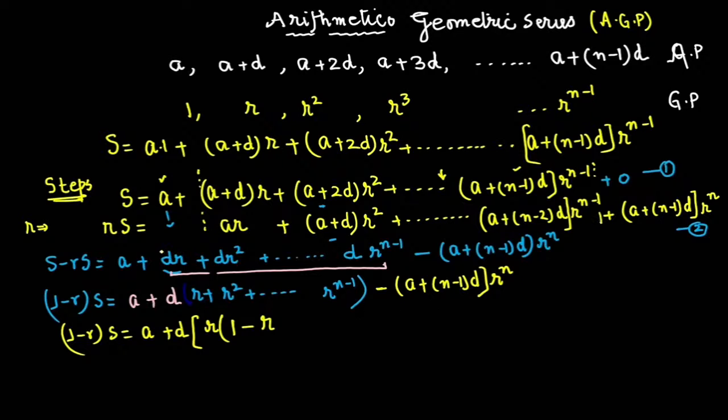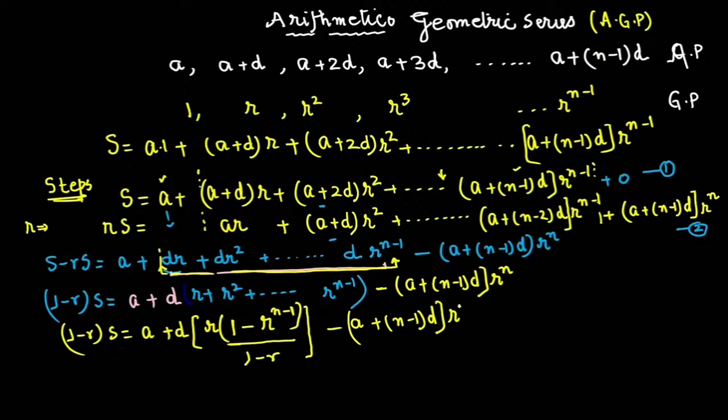So the total number of terms is n minus 1. So I am writing here r into (1 minus r to the power n minus 1) upon 1 minus r, minus a plus (n minus 1)d, r to the power n.